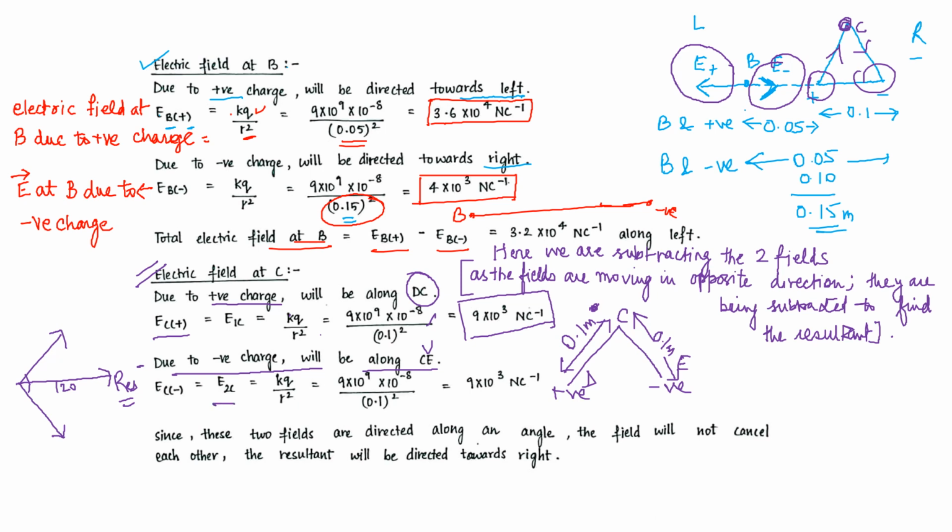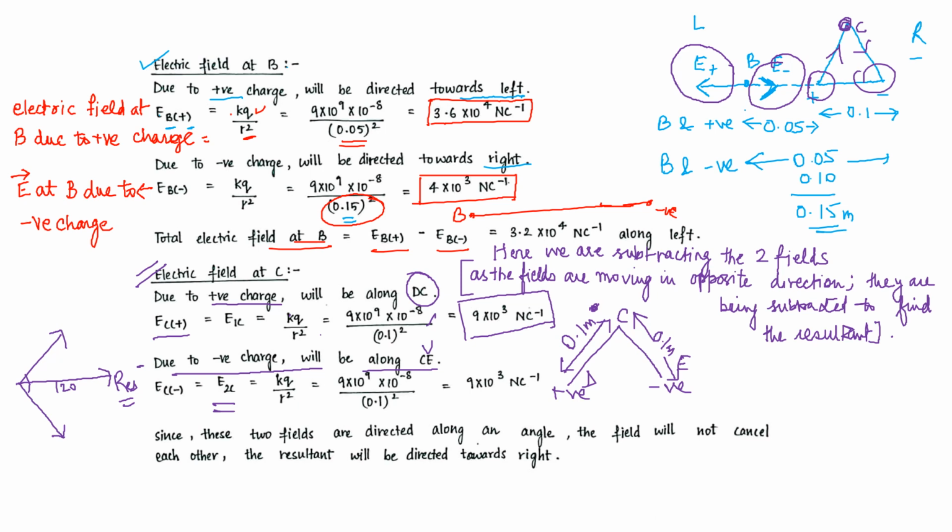And again we will write electric field at C due to negative charge equals KQ divided by R square, equals 9 into 10 to the power 9 into 10 to the power minus 8 divided by 0.1 the whole square, and it will give us 9 into 10 to the power 3 Newton per Coulomb.